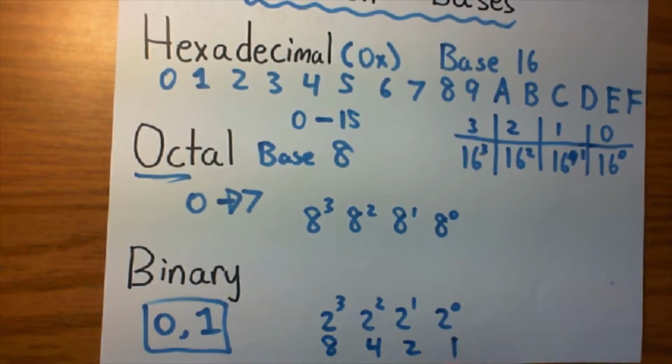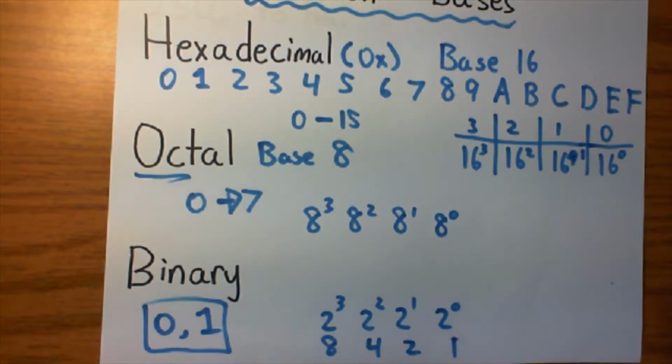As you practice with this, you'll start to understand, and over time you'll probably do it automatically. And the other thing to note, because right after this we're going to be doing some conversions, is that for every 4 binary digits, that is equivalent to 2 octal digits and 1 hexadecimal digit.